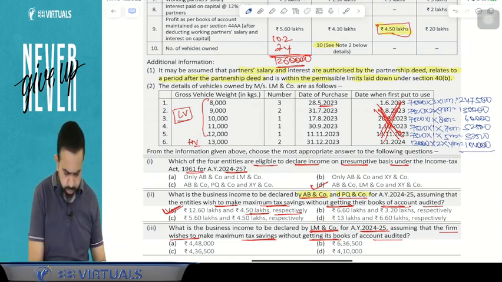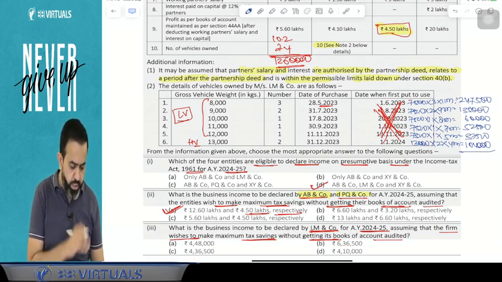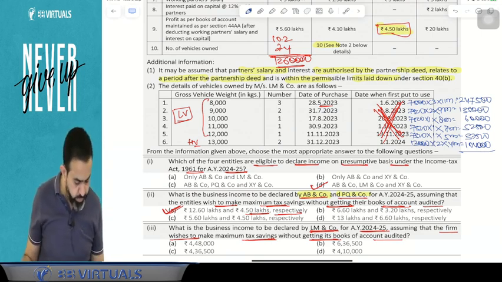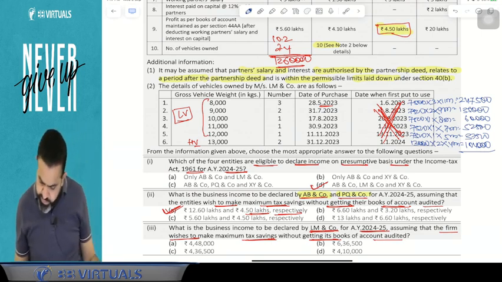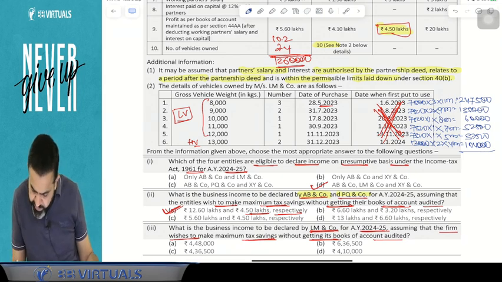Now calculate the total: 2,47,500 plus 1,35,000 plus 60,000 plus 52,500 plus 37,500 plus 1,04,000. The total comes to 6,36,500.